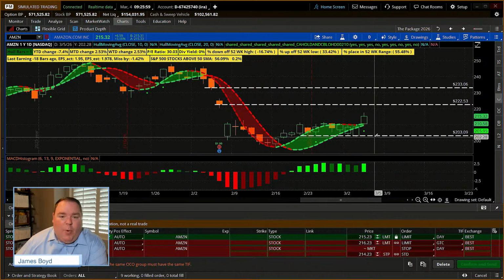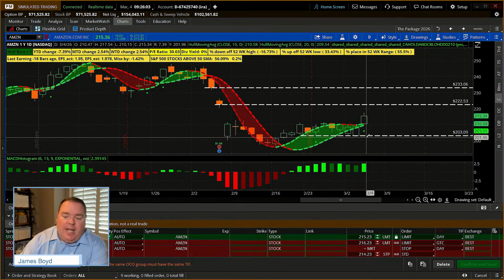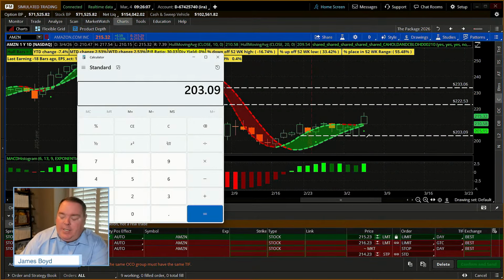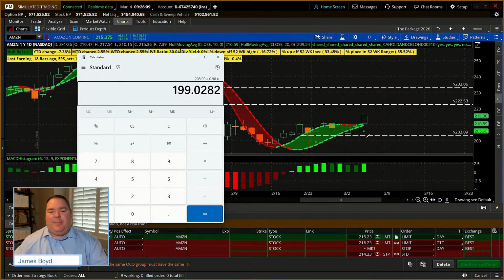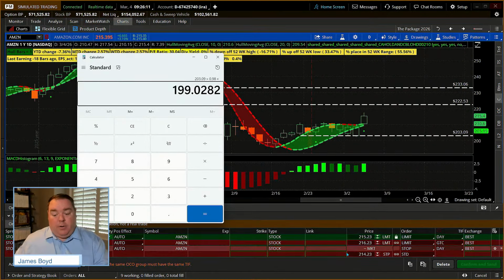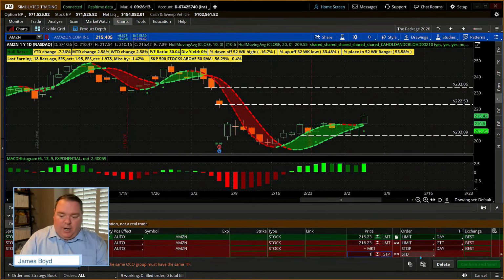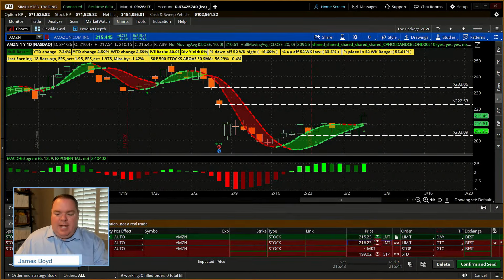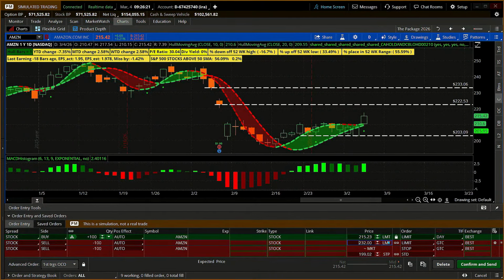Some investors might say, where have we recently pulled back to? The answer is about 203. If I take about 203.09 and we set a stop less 2%, it's going to be 199.02. So I take 199.02, dated GTC, there's the stop. If I put my target at 232, James, why did you put it a little bit lower than the target?